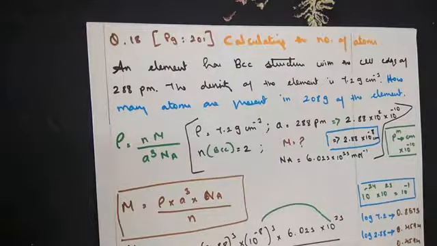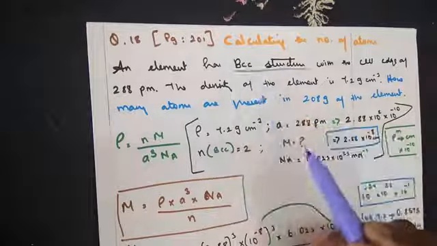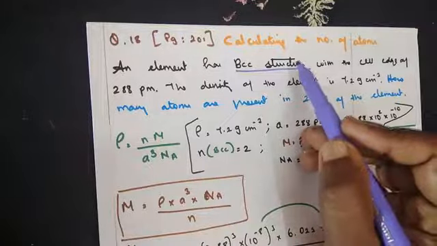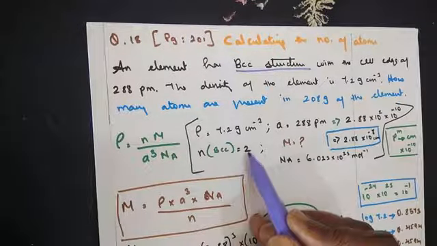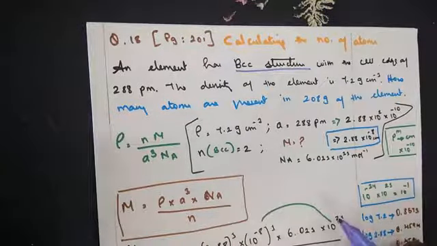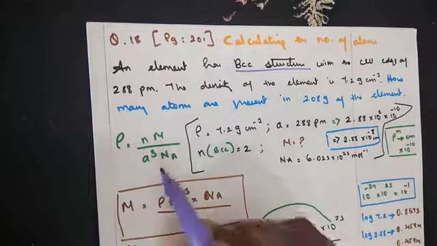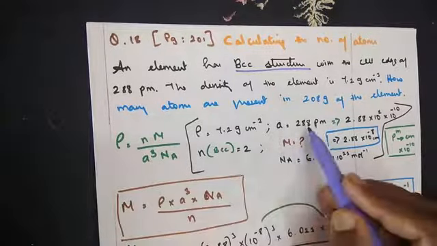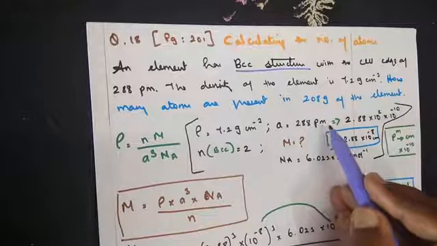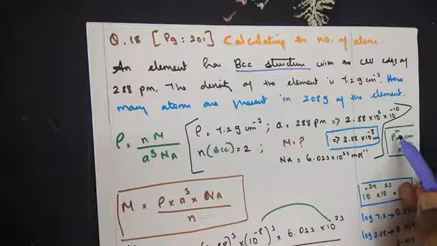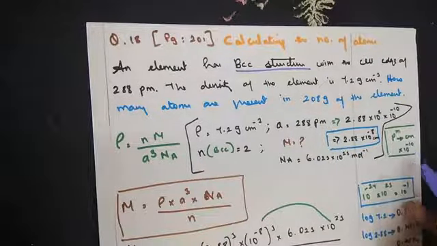Now since we are talking about the BCC structure, the number of atoms in a BCC structure is 2. By now you know how to get this 2. M we do not know. A, the edge length, is given to be 288 picometer. Repeatedly I told you, when we convert picometer into centimeter, multiply it with 10 to the power minus 10.